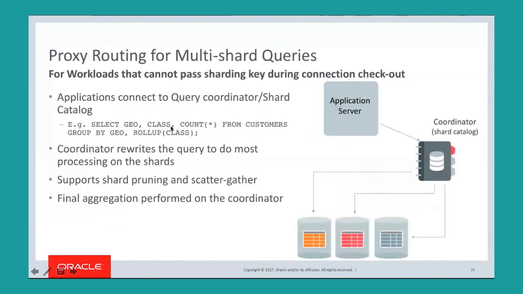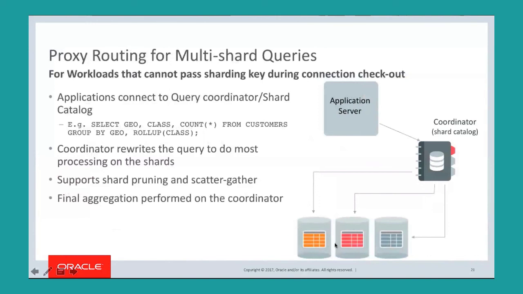When you run this query, you are going to the coordinator first, which is the shard catalog. It acts as a proxy router. The coordinator parses the SQL and rewrites the queries so that most of the processing is done at the shard level. So basically the shards become compute nodes in this example.